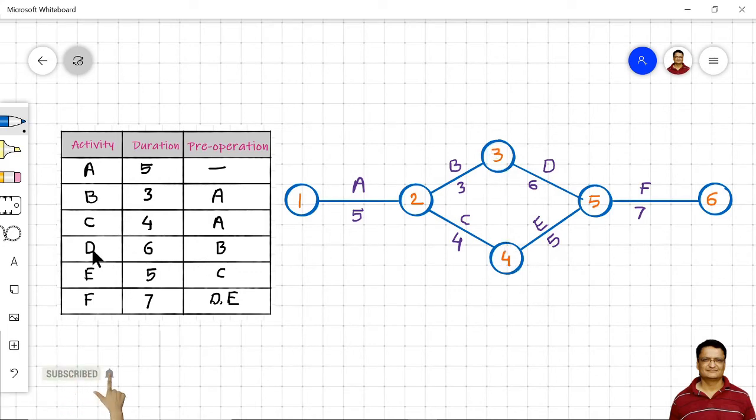Activity D will start from activity B. So this activity D will start where activity B is ending, and this activity E will start where this activity C is ending.